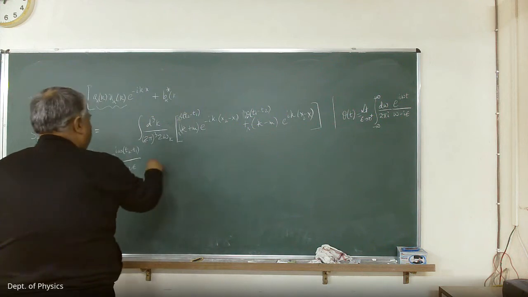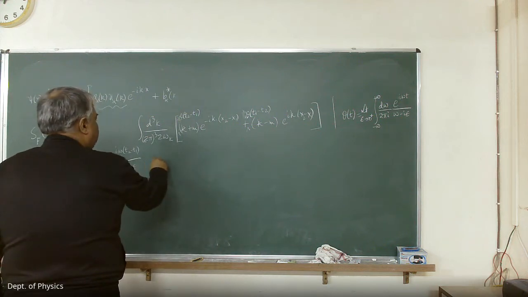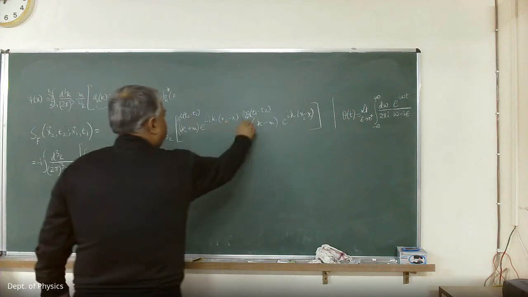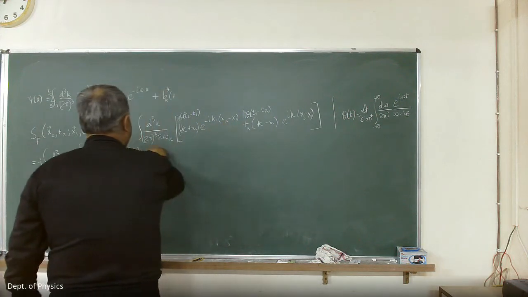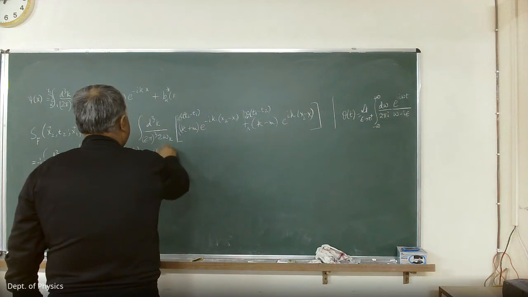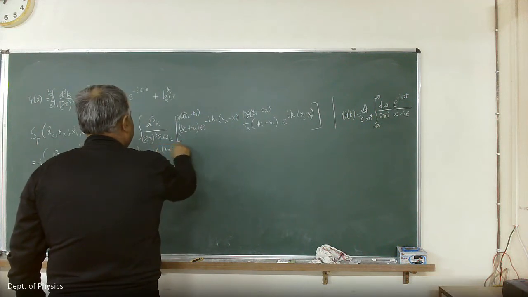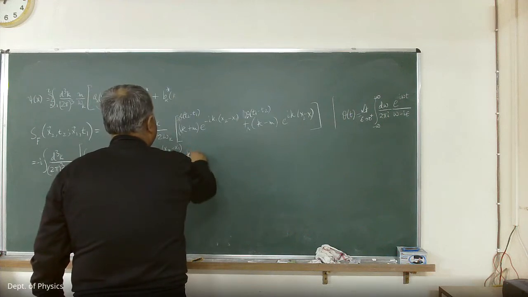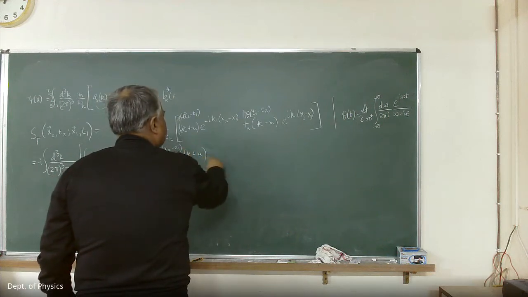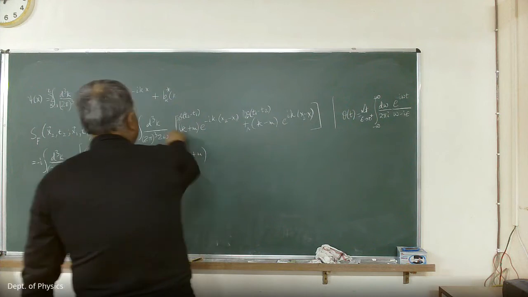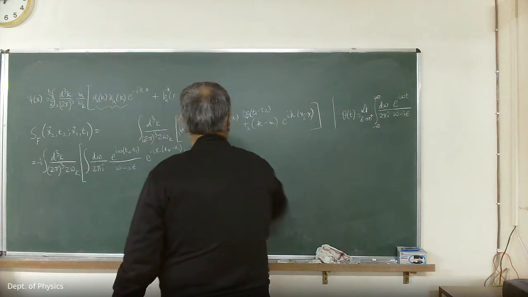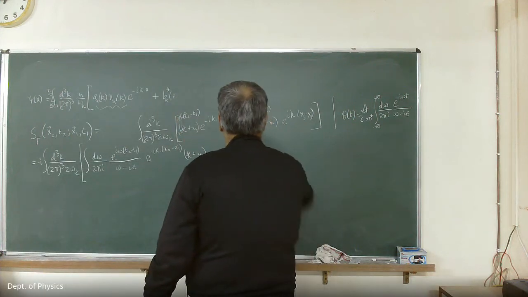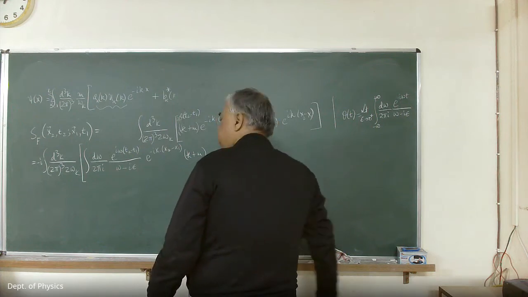And then you have e to the power, let me put the exponents here, e to the power minus i k dot x2 minus x1, and you have k slash plus m. Minus i I have extracted out, so there will be a relative minus sign. Then theta t1 minus t2.